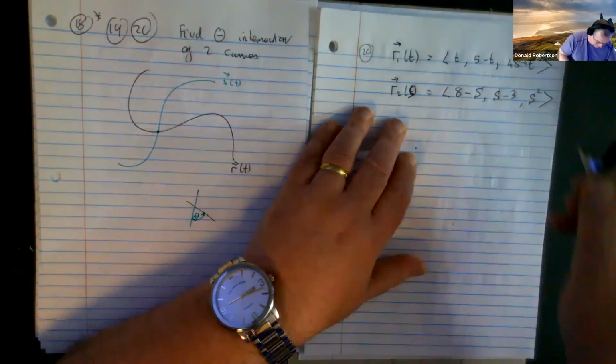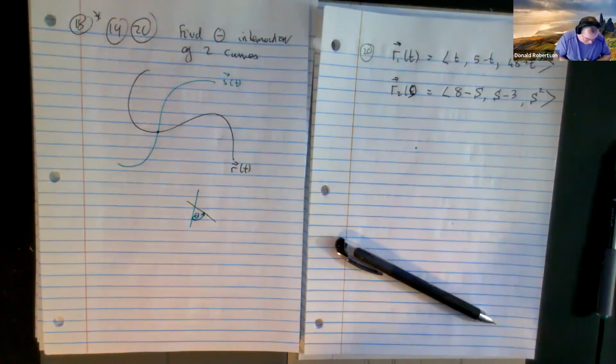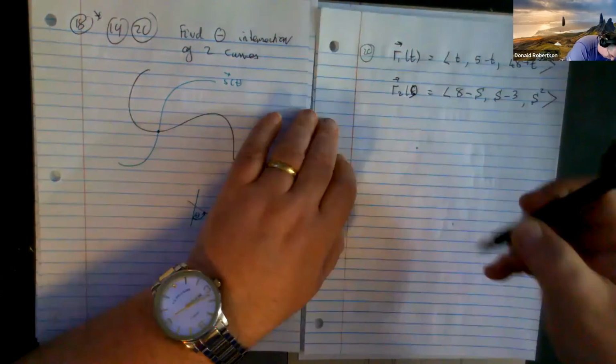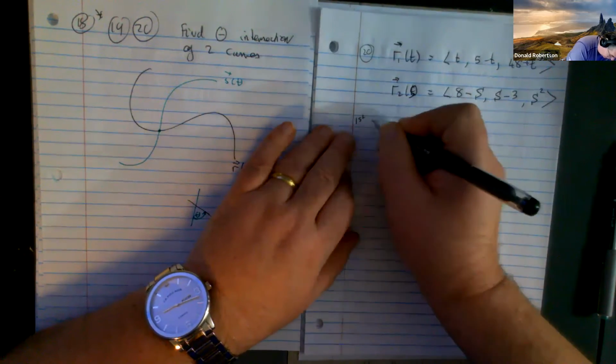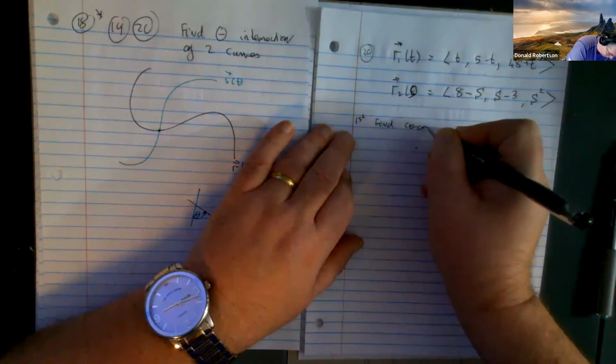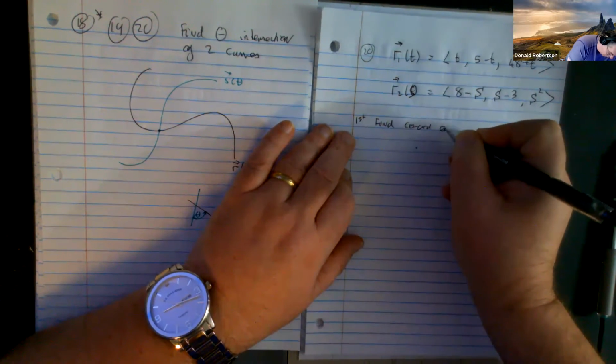I have to make my s's look significantly different, or they end up looking like 5s. You've got this. And we are being asked to find the angle at which these two curves intersect. So the first thing we need to do is find the coordinates of intersection.